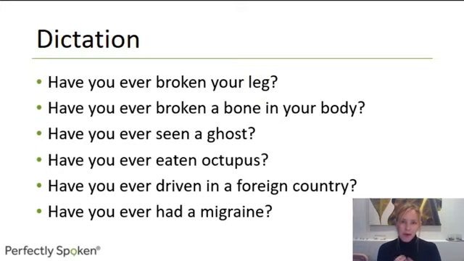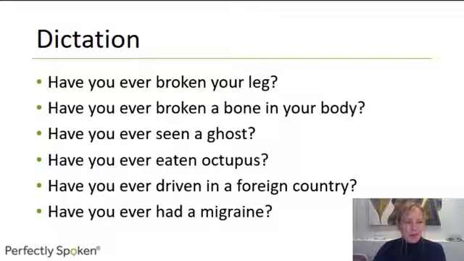So it's possible migraine or migraine. It's like the song, you say tomato, I say tomato. It's a bit like that. So have you ever had a migraine or migraine?